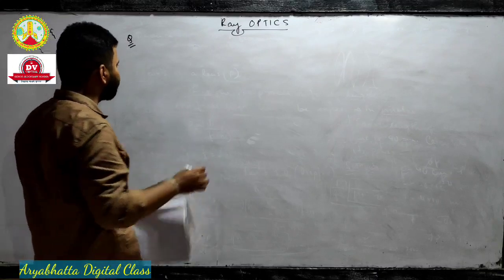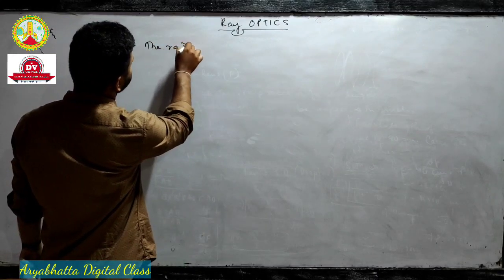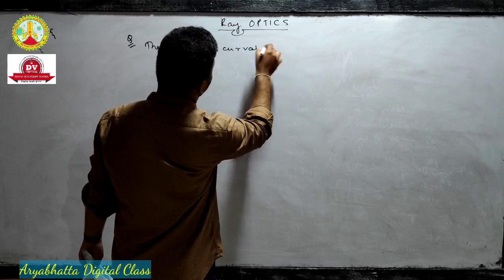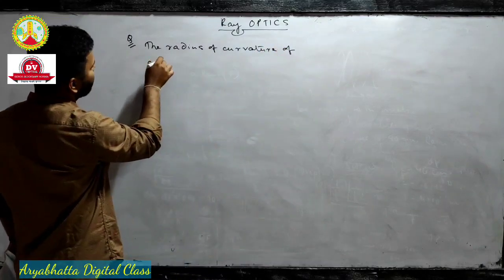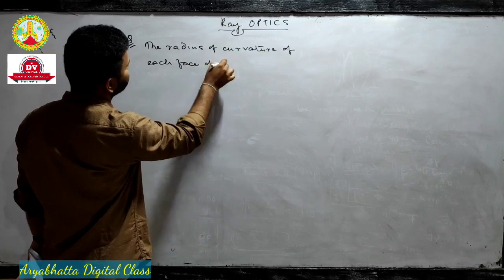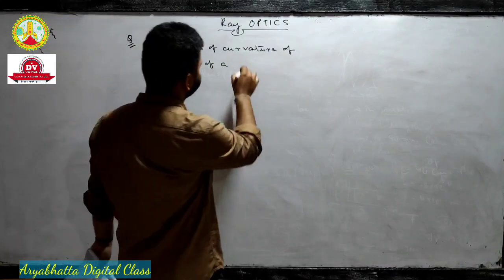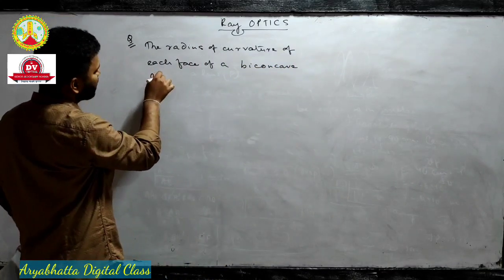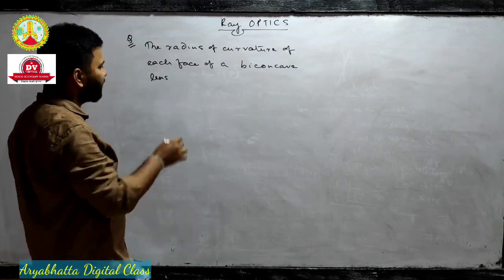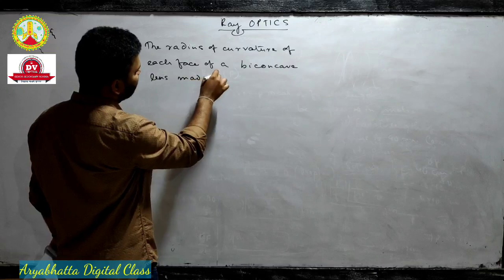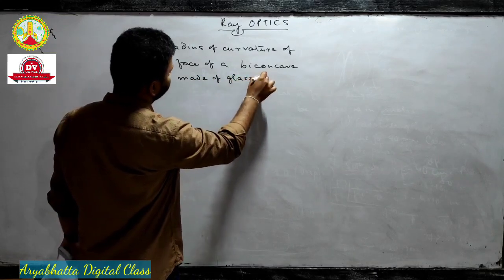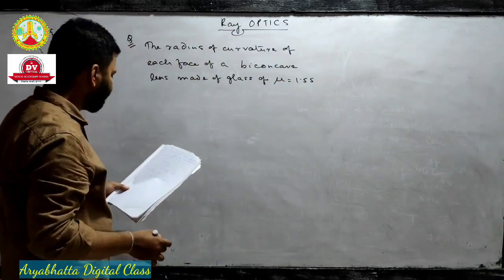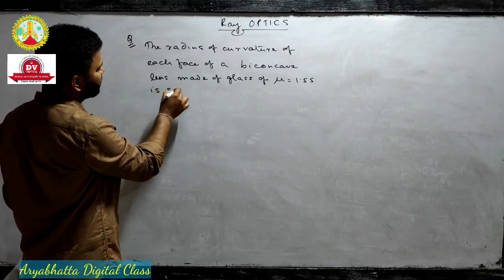So the question is: the radius of curvature of each face of a biconcave lens made of glass of refractive index 1.55 is same.